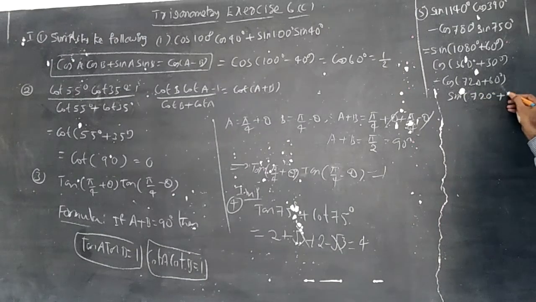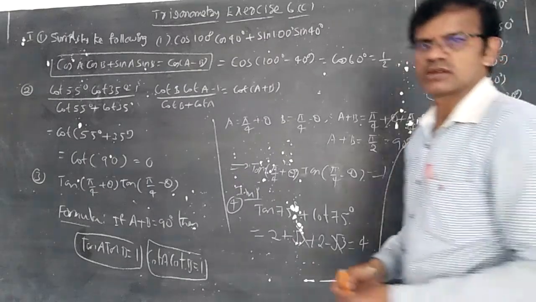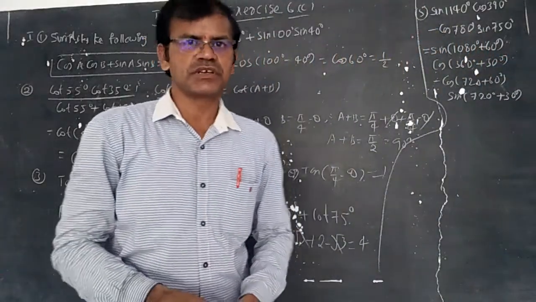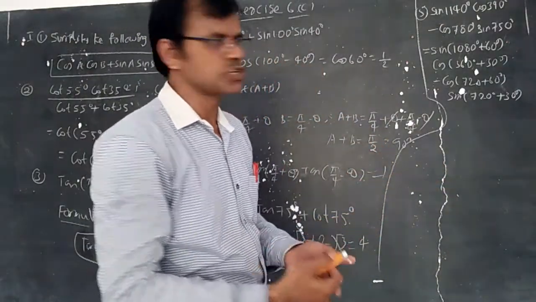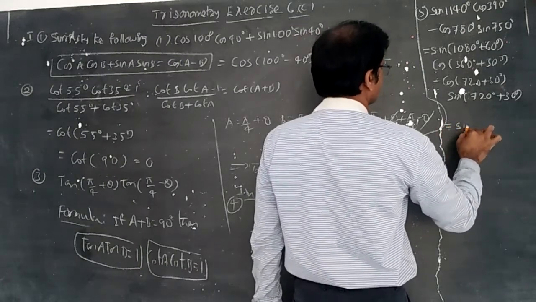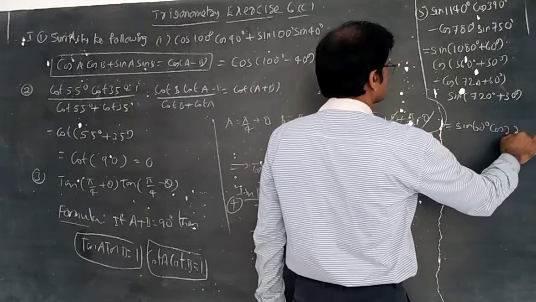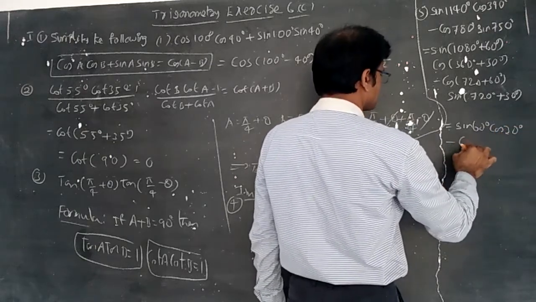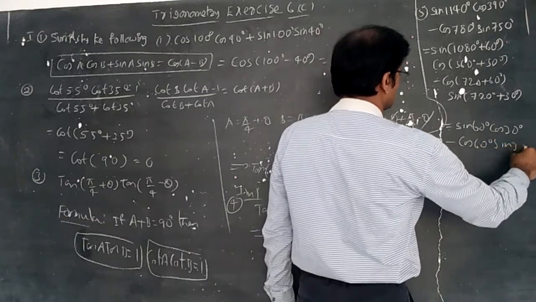What is the 720 and the 1080 meaning? It is nothing but multiples of 360. So the multiple of 360 is nothing but 0. So 0 plus 60, you can write here, this is sin 60 into cos 30 minus cos 60 into sin 30.